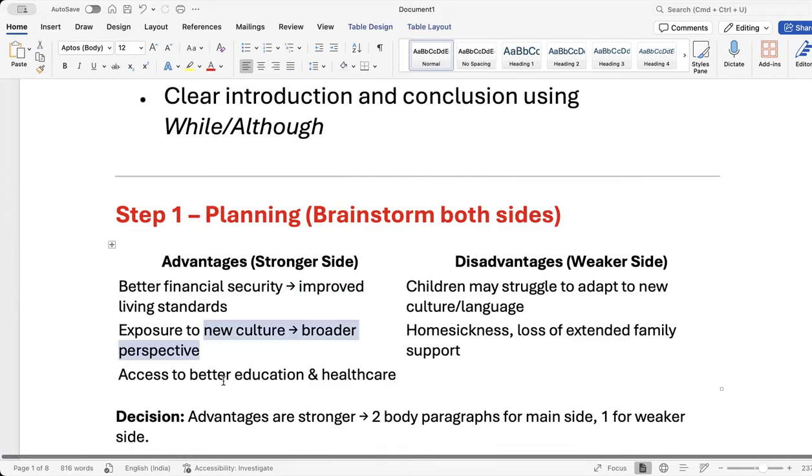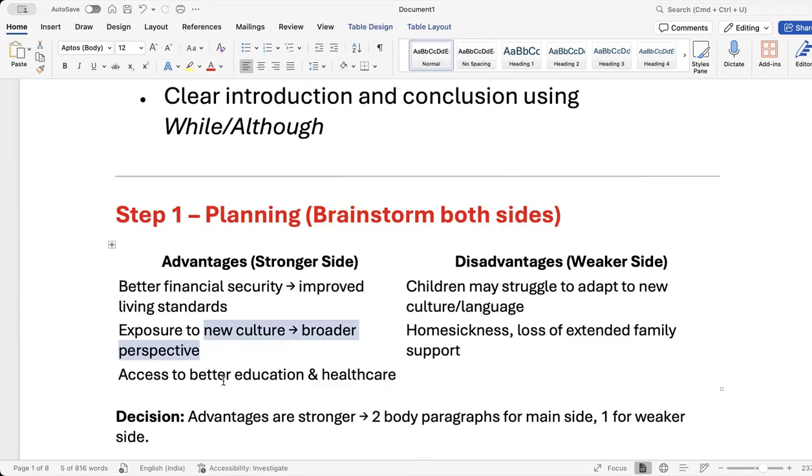You also mentioned a better bond between family members, so we can consider that as well. On the negative side, children may struggle to adapt to a new culture or language, because they're children. And loss of extended family support. They might miss their grandparents, and the burden on the parents will increase.